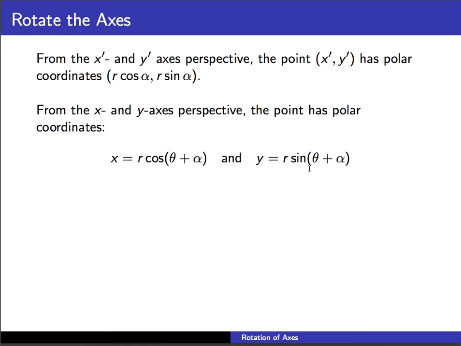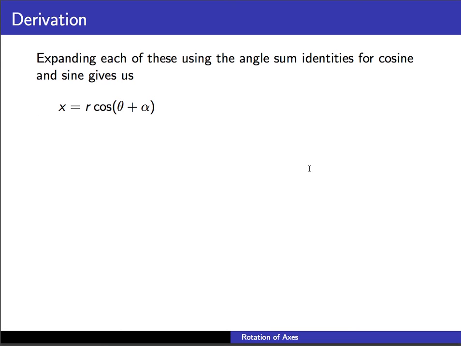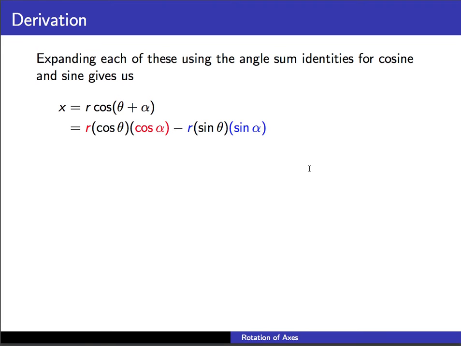Expanding each of these using our angle sum identities, the identity for cosine gives r times the cosine of the first angle times the cosine of the second angle, so r cosine theta cosine alpha, minus r times the sine of the first angle times the sine of the second angle, or minus r sine theta sine alpha.